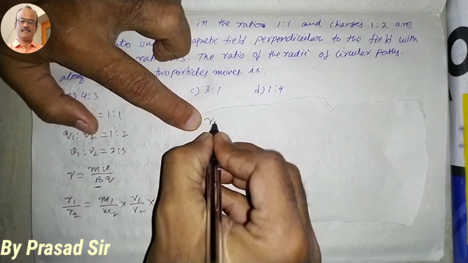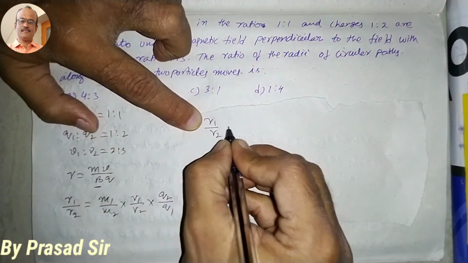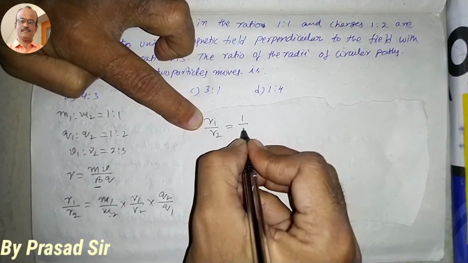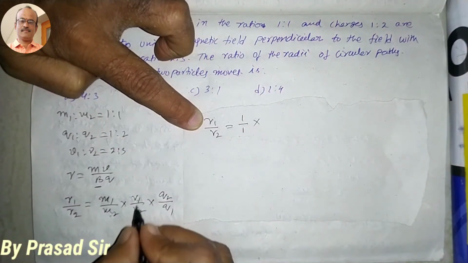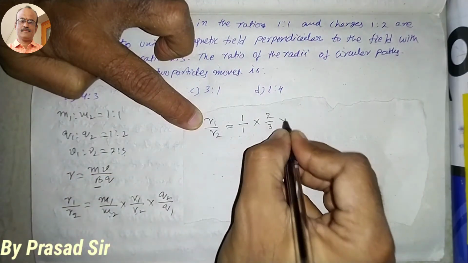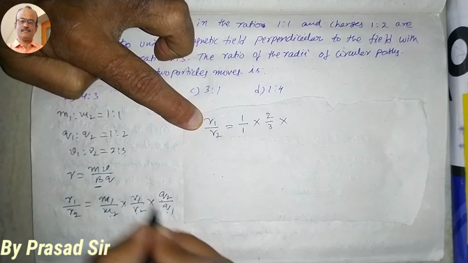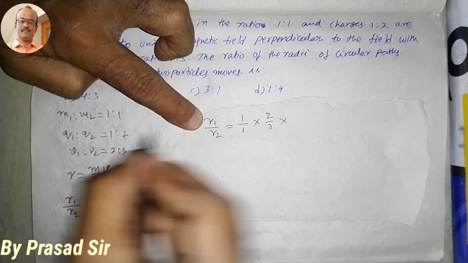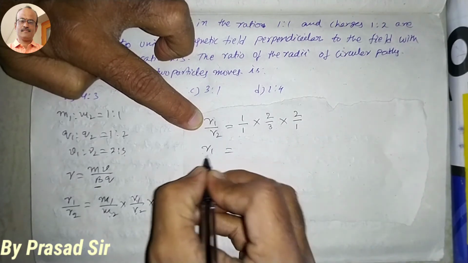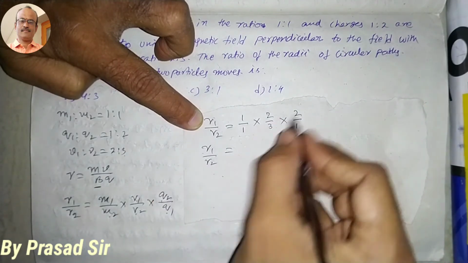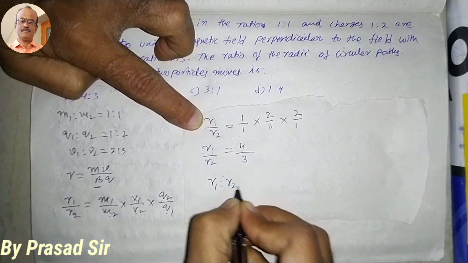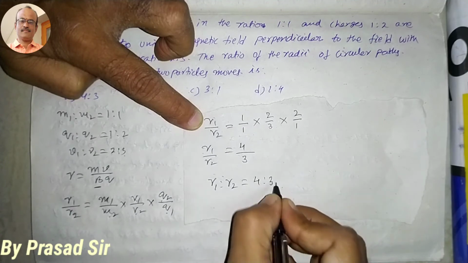So R1 divided by R2 is equal to M1 divided by M2, that is 1 divided by 1, into V1 divided by V2, that is 2 by 3, into charges Q2 by Q1, that is 2 by 1. So here R1 divided by R2 is equal to 2 2s are 4 divided by 3. So here the ratio R1 is to R2 is equal to 4:3.